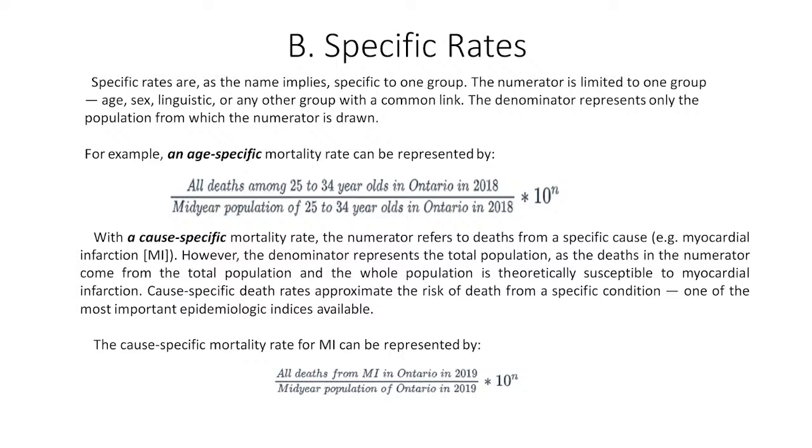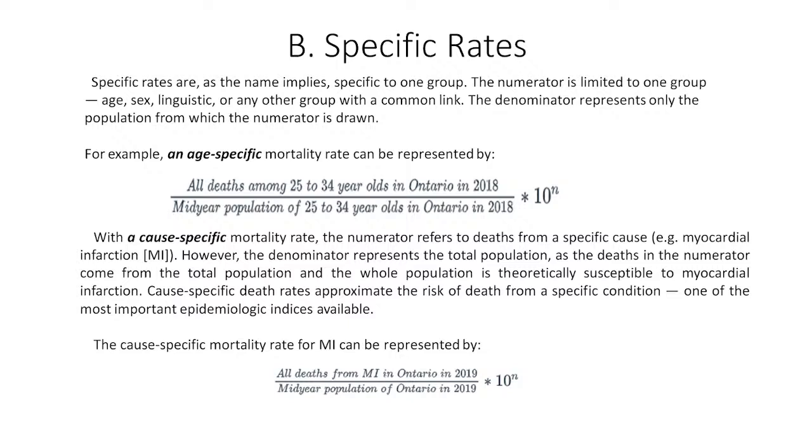Specific rates. Specific rates are, as the name implies, specific to one group. The numerator is limited to one group. It may be age, sex, linguistic, or any other group with a common link. The denominator represents only the population from which the numerator is drawn.